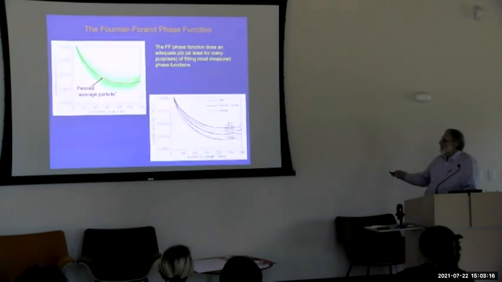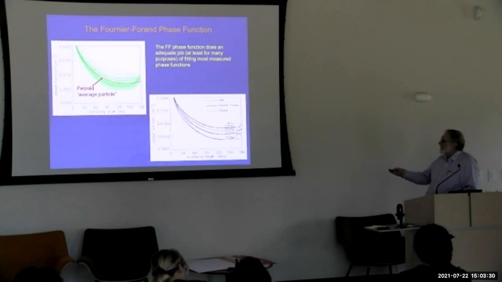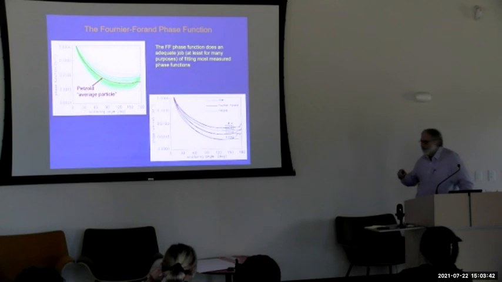And here's this data from a manual again, with Petzold in the middle. But if I pick a few of these curves that have different backscatter fractions, the blue curve here is measured, it was green up here. So here's high backscatter fraction down to low, and the red curves are the Fournier-Forand phase functions with those backscatter fractions.